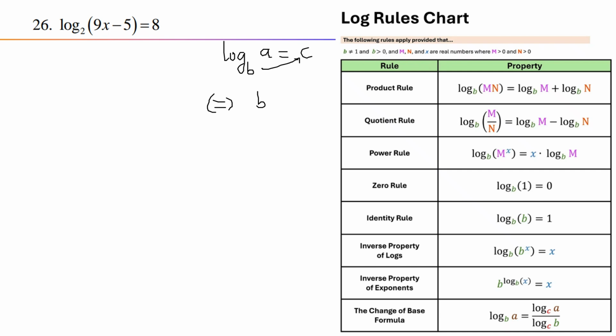You're looking upwards, you see that is c, then it's equal a. The exponential form of it. Okay, so now we have base b, this is my a, this is my c. So base looking towards c, that is the exponent that equals a, which is 9x minus 5.